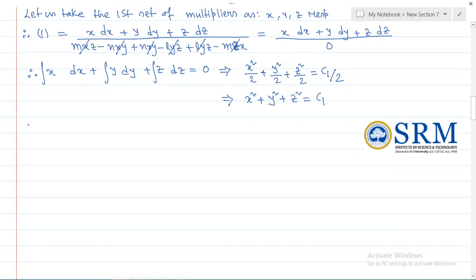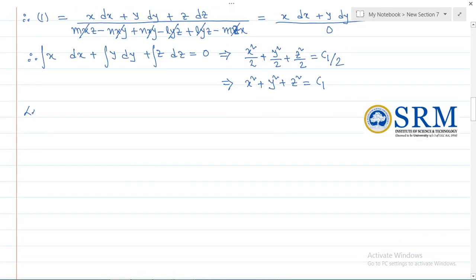So let us take the second set of multipliers as l, m and n respectively.